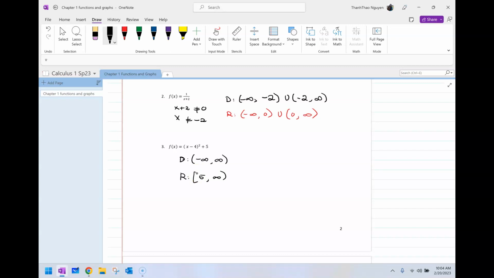One way of looking at this is that f of x has a positive coefficient, so f of x opens up. This is the vertical shift. So it opens up starting at 5, compared to your parent graph of f of x equals x squared.